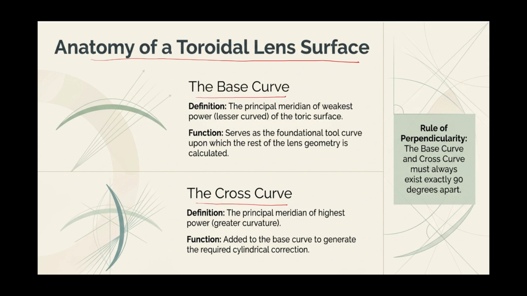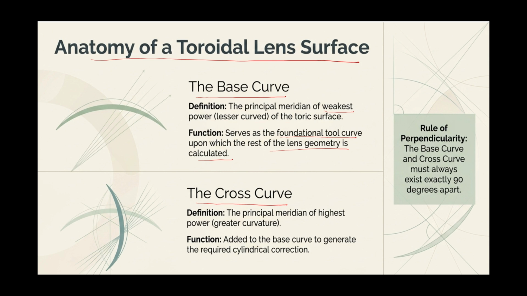How do you define a base curve? It is the principal meridian of the weakest power of the toric surface, and is the foundational curve upon which the rest of the lens geometry is calculated. So the base curve is the foundational curve for our toroidal surface.